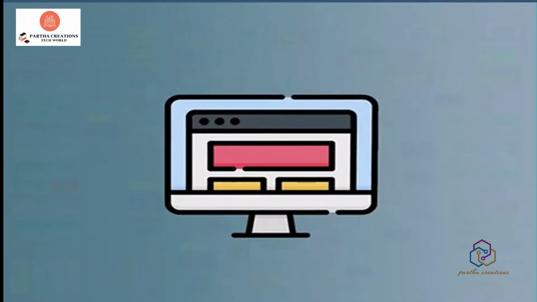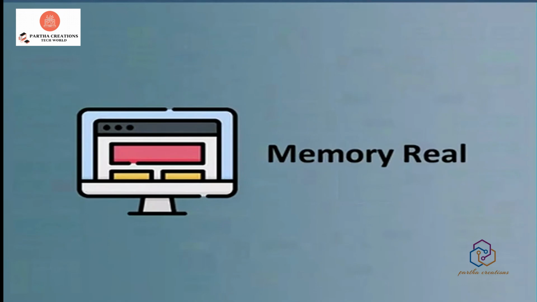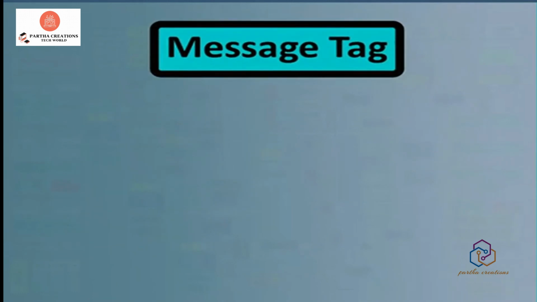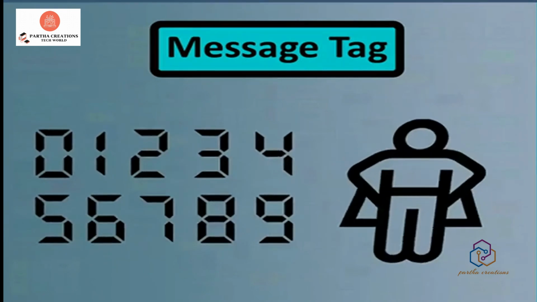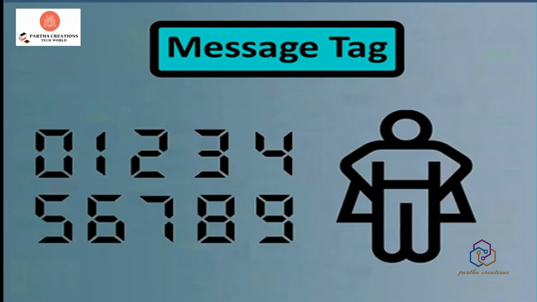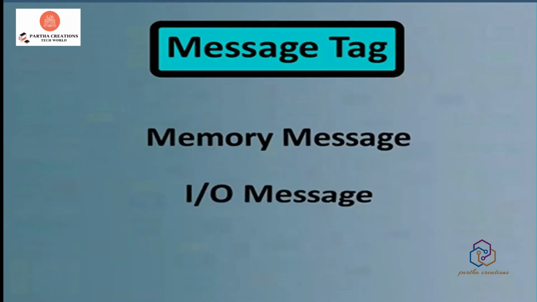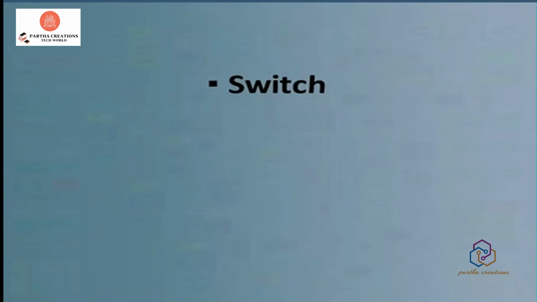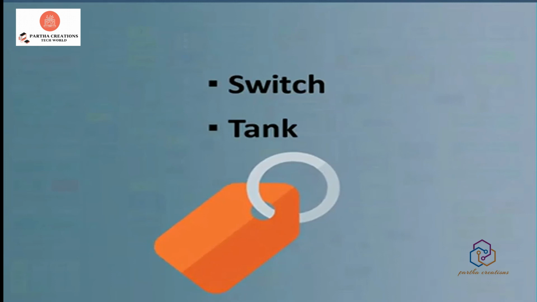If it has to be in the application, then memory real, and if for communication, then IO real. Now let's move to message tag. You can make use of this where we need a number as well as characters, where both the values need to be shown. In such cases, memory message or IO message will be used. We will understand more about this when we take different objects like switch, tank at the same time. We will see and learn what tags we choose.